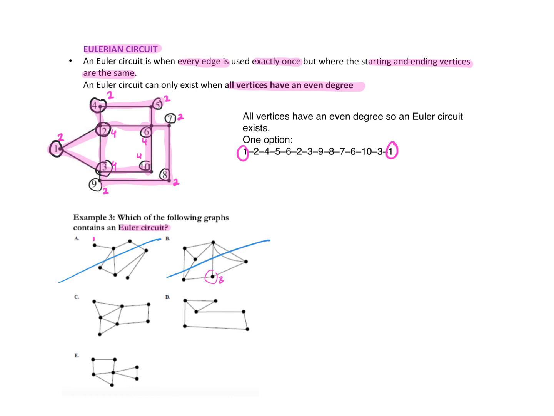Down here, that's odd, so it's out. And if I look at this, C is correct. It has all even degrees: 2, 4, 2, 4, 4, 2, and 2. For the last one, there's the odd one, so it's out.